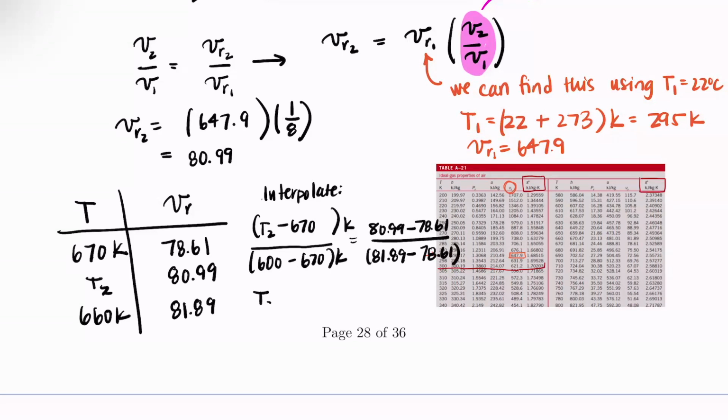When we solve this equation, we get that T2 is 662.7 Kelvin. Any questions on that one?